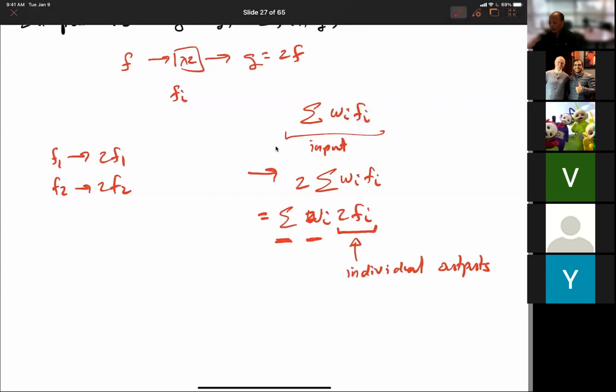Our output is going to be a weighted sum, where these are the weights, of my individual outputs. So that is a linear system. We'll come back later to see if it satisfies shift invariance, but for now, that is a linear system. Okay, so linear. All right, any questions on that?